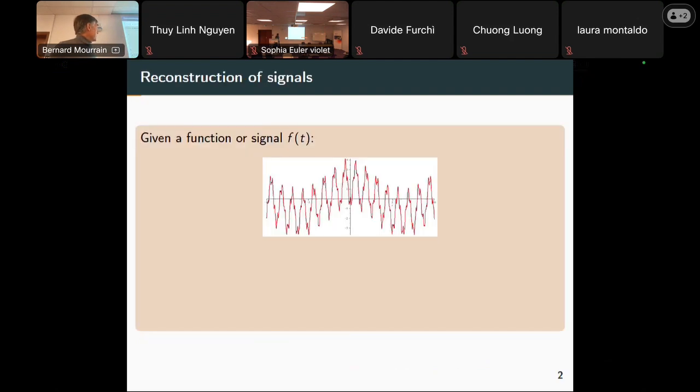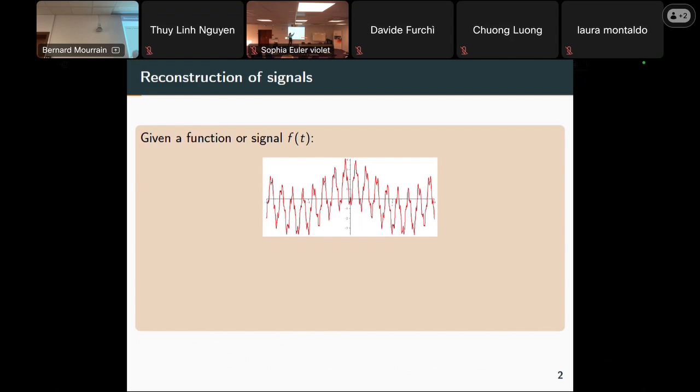Another example where we have a function f, depending, for instance, on the time. This kind of function we have here seems to be some cosine and sine functions with different frequencies.